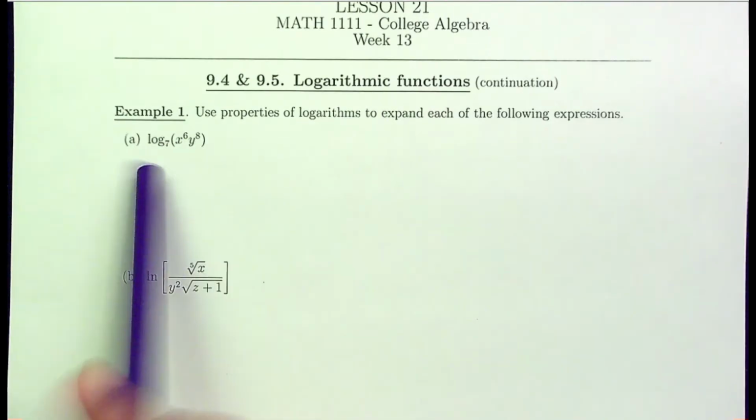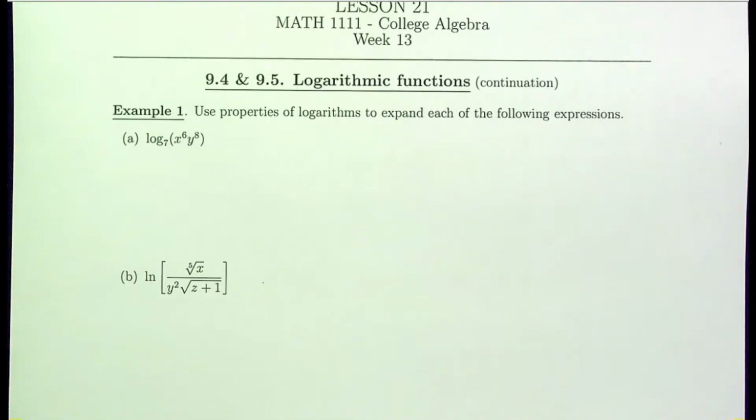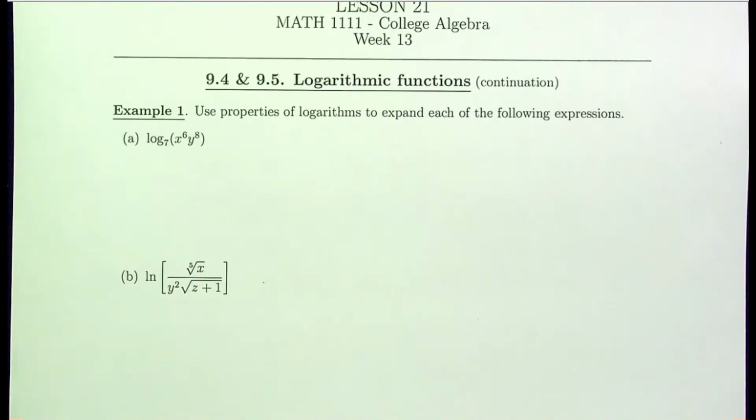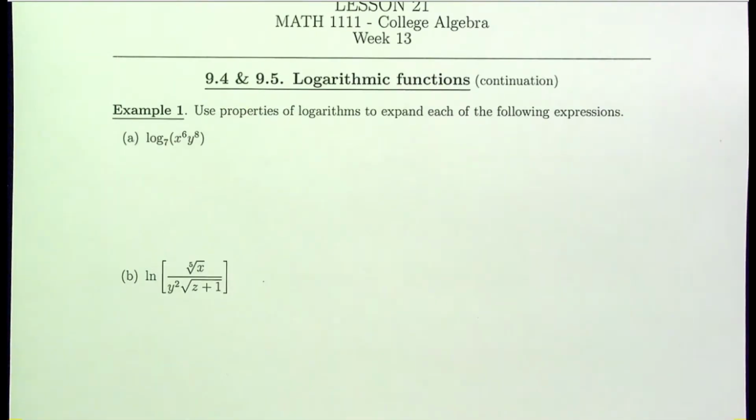The base 7 there is, for the most part, completely irrelevant, because the basic properties of how you manipulate logarithms are the same regardless of the base. This problem will be solved exactly the same way if instead of a 7 I had a 5 or a 3 or a 2 or whatever.